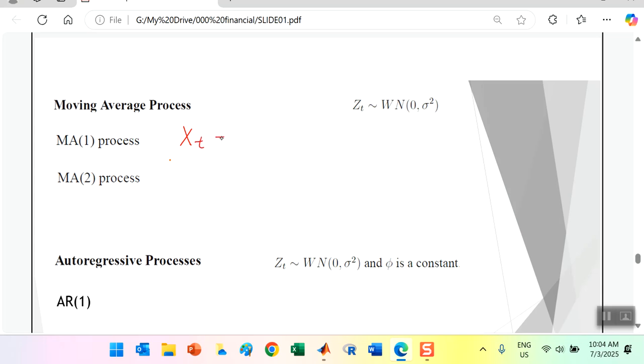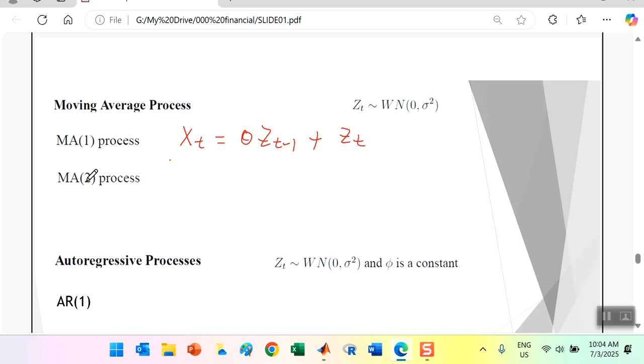Xt is equivalent to theta times Zt minus 1, plus the error term Zt. Zt is a white noise, or a random process. So you can see that Xt depends not only on the noise at time t, but also at t minus 1. How strongly the lag 1 noise influences Xt depends on theta. Theta can be 0.1, meaning 10%, or 0.9, meaning 90% of the lag 1 Zt influences Xt.